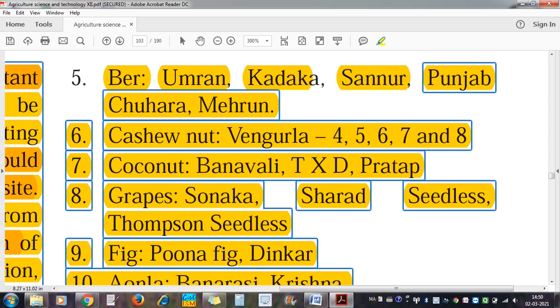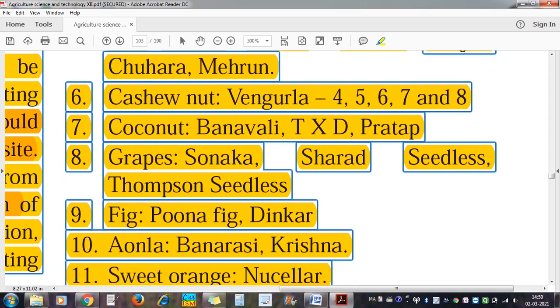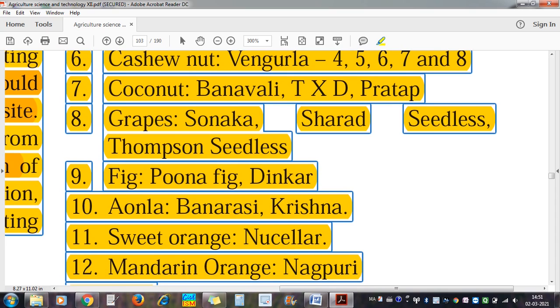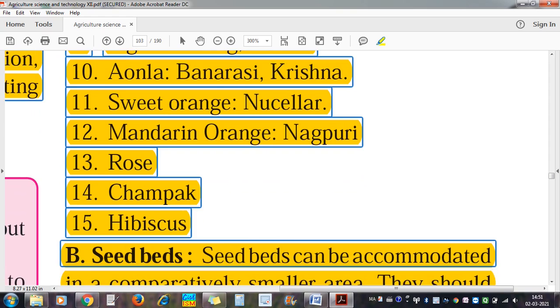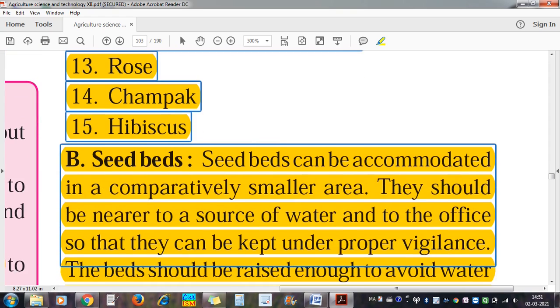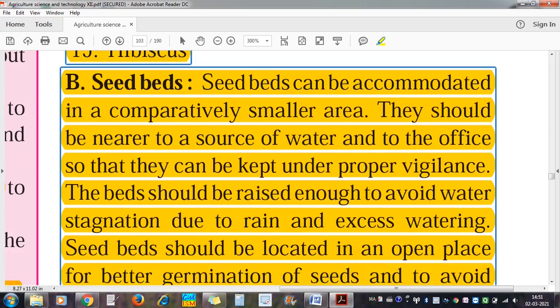For example, grape Thompson Seedless, fig, amla, sweet orange, mandarin orange, rose, champak. These are the different good varieties of these fruit plants.